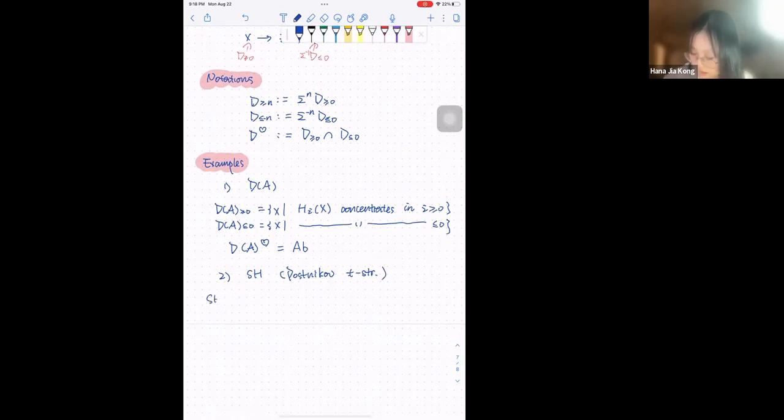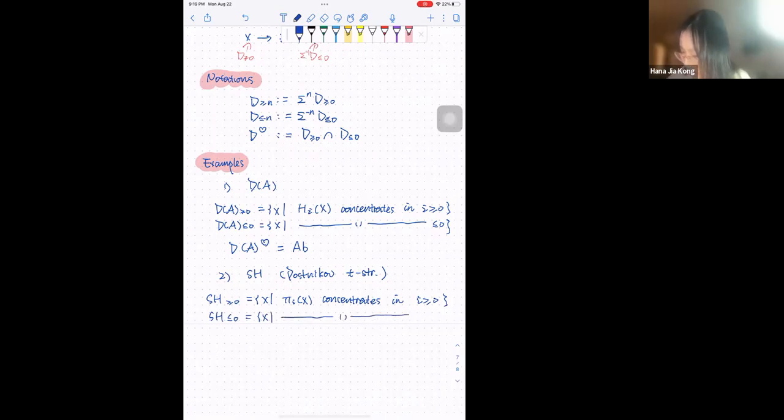That is, the greater or equal to 0 part is everything whose homotopy groups are concentrated in the greater or equal to 0 part, and similarly for the smaller or equal to 0 part.